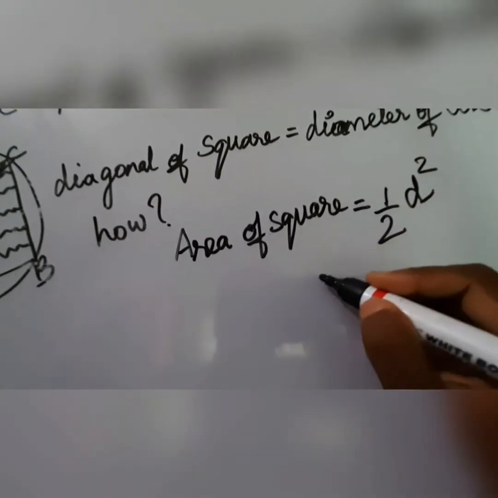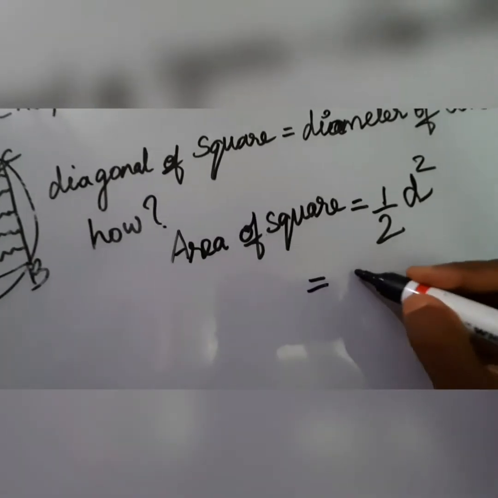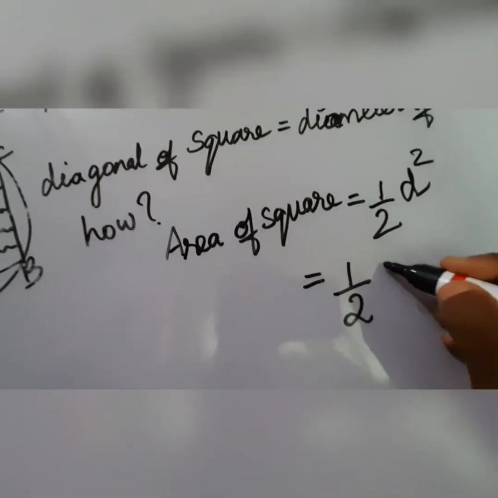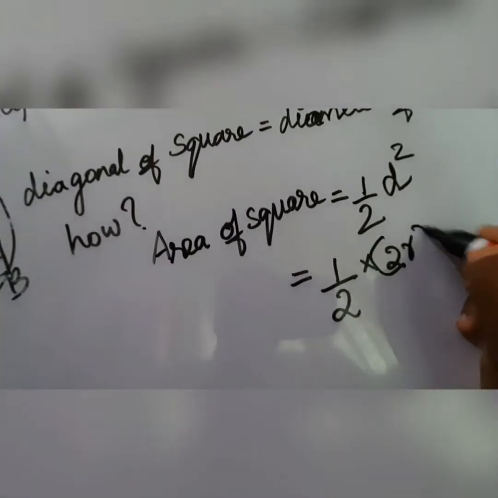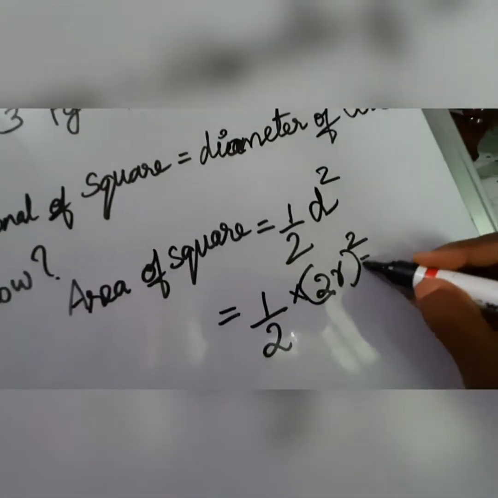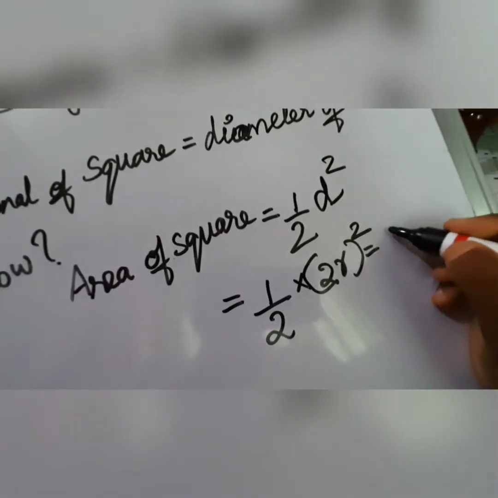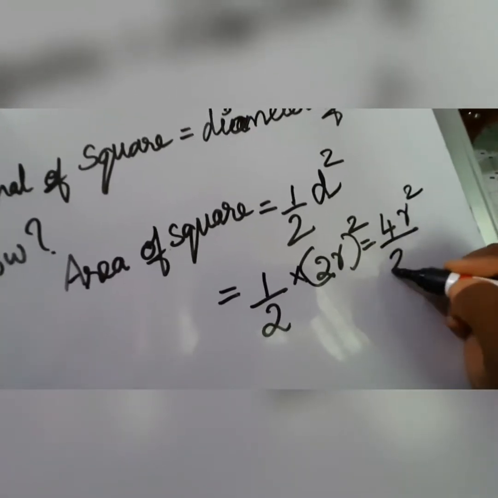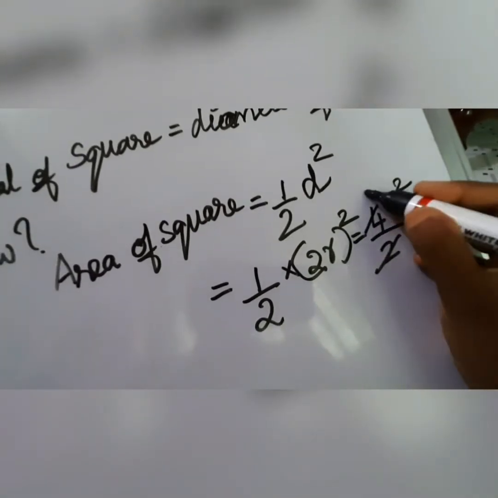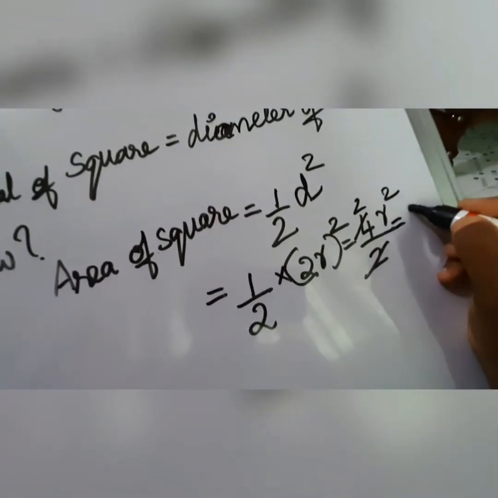What is diagonal here? That is diameter. What is diameter? That is 2R. Diameter is 2R whole square. So we will get 2 square means 4, R square divided by 2. So we will get 2R square.